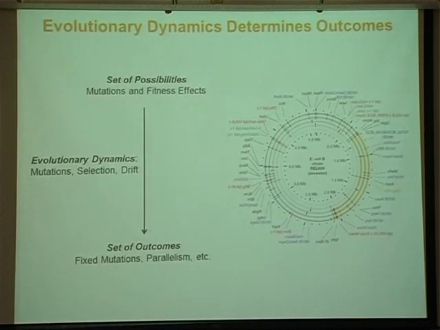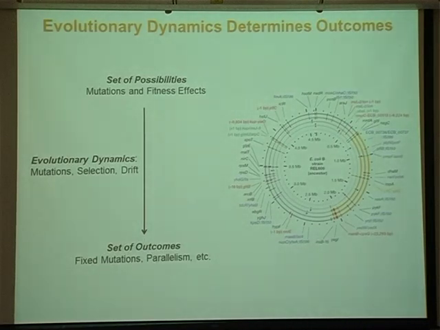All right. So what we want to understand is what the mutation rates and fitness effects were, and we would like a complete explanation of how, given this set of things that could happen, an understanding from the theory of the type that I've been telling you about, the dynamics of the process, the way in which evolution picks and chooses among the mutations according to their fitness effects and the population size and so on, leads to the set of outcomes that we actually observe, right?